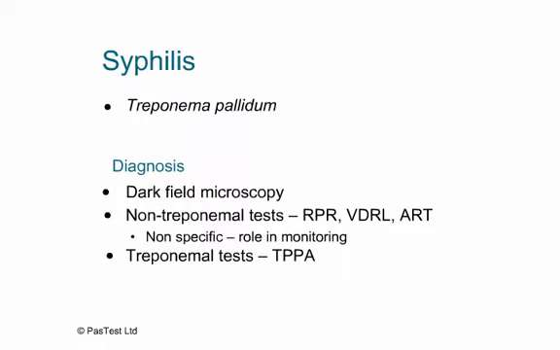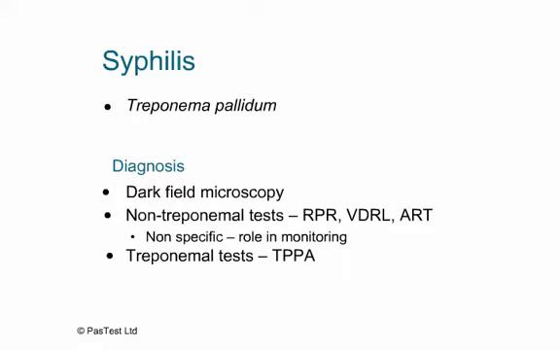So the three non-treponemal tests named up here are just three examples. This is the RPR, which is the Rapid Plasma Reagin Test, the VDRL, the Venereal Disease Research Laboratory Slide Test, and the ART, the Automated Reagin Test.